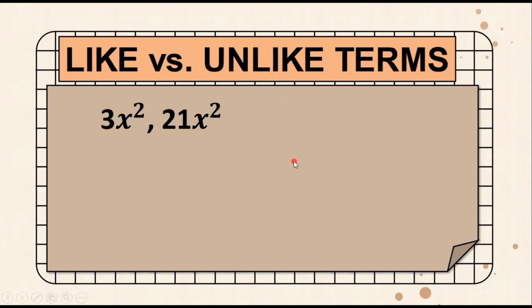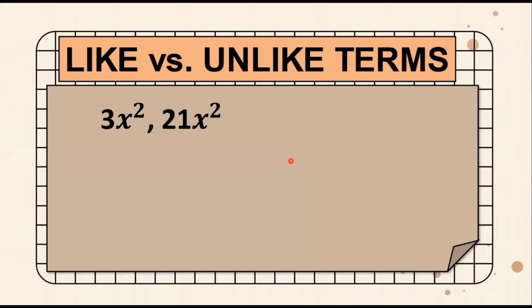So we have 3x squared and 21x squared. We go back with the definition of similar or like terms.